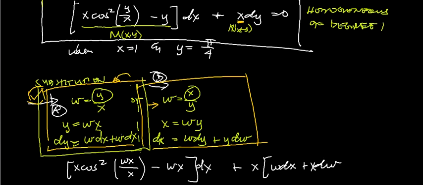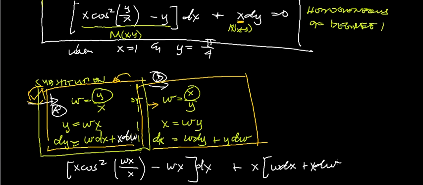By the way, this is the first times the derivative of the second plus the second times the derivative of the first.